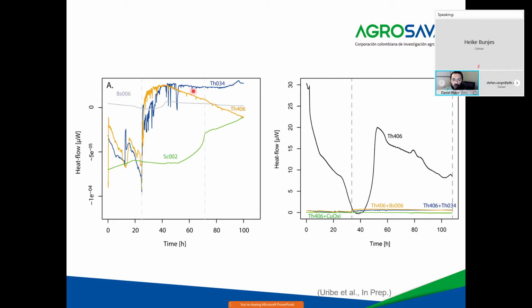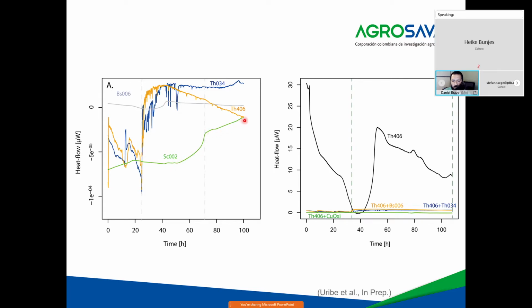Interestingly, the blue corresponds to one Trichoderma isolated from strawberry, and the yellow one corresponds to one Trichoderma isolated from the cocoa pods. The pods are the fruits of cacao.